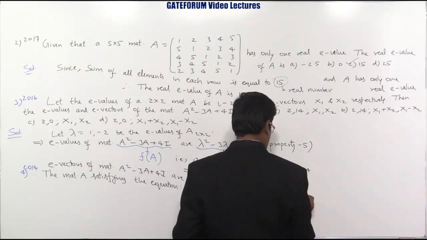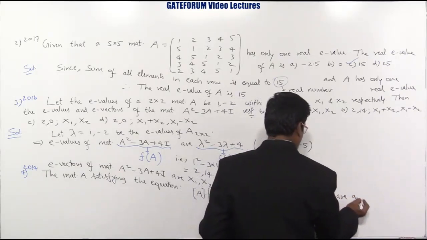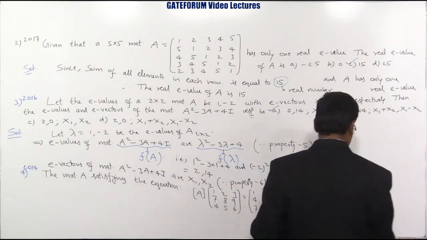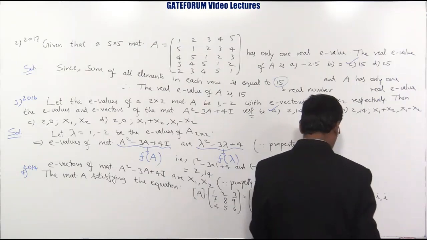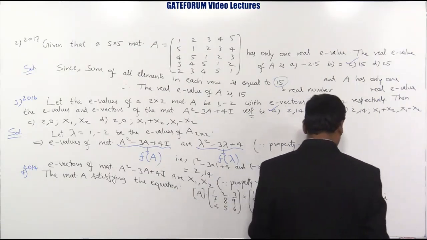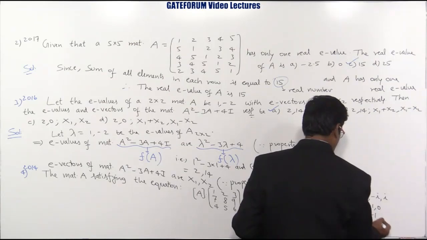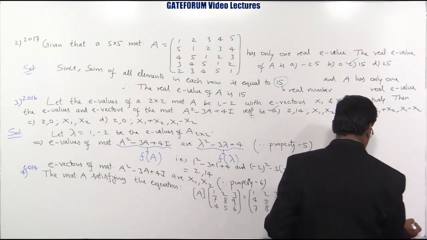The eigenvalues are: option A, 1, minus i, i; option B, 1, 1, 0; option C, 1, 1, minus 1; option D, 1, 0, 0.